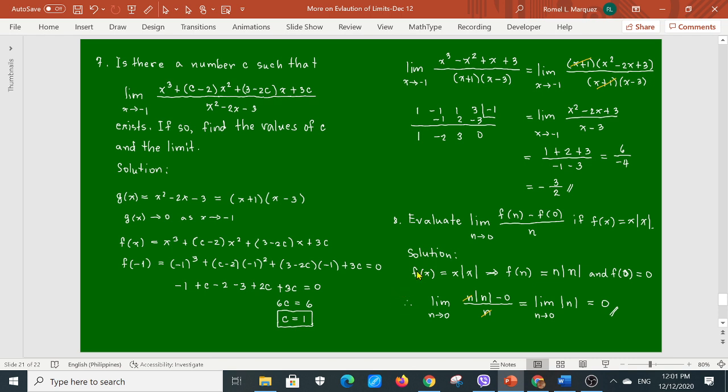If you have absolute value, the absolute value of n is equal to n if n is positive or 0. Okay? But it is negative n if n is less than 0. But since we want it to go to 0, even negative n or positive n is still going to be 0. Okay?